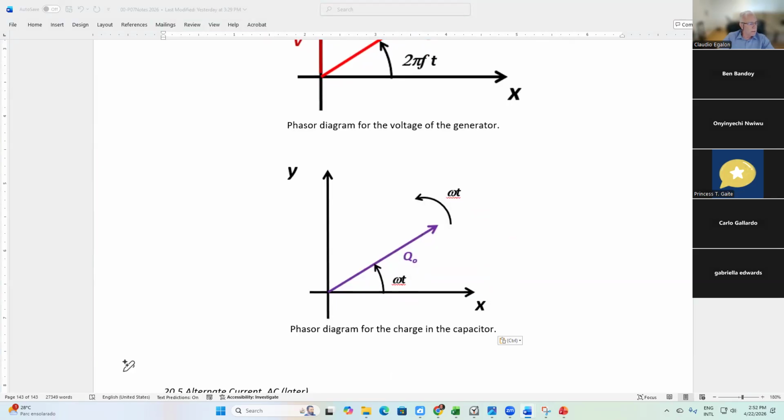Now the current. The current leads the voltage. And we're going to put everything in a single phasor diagram.